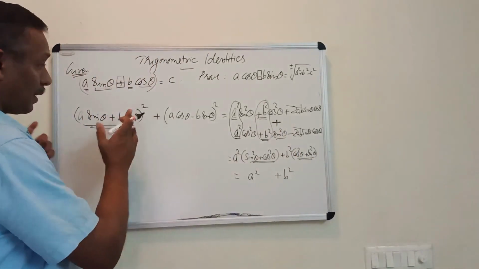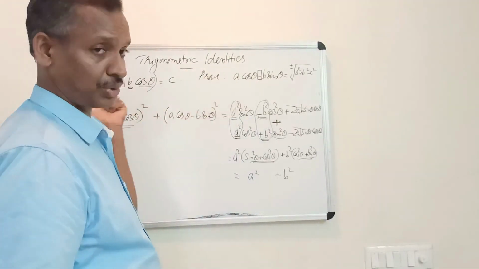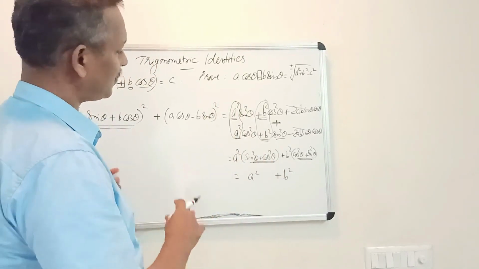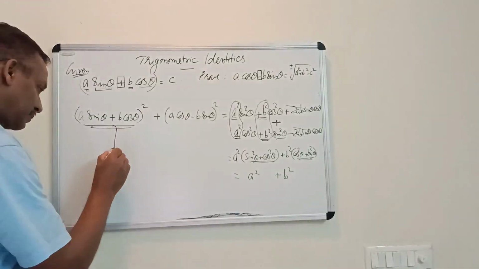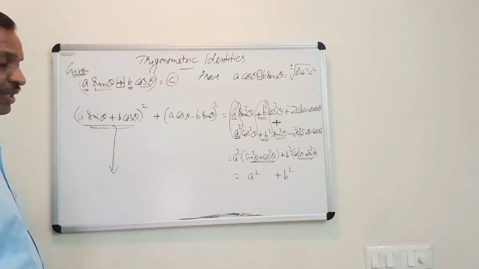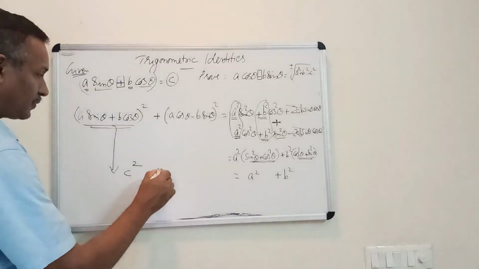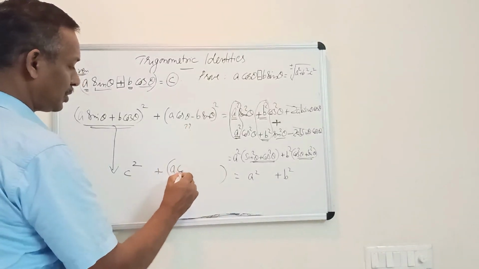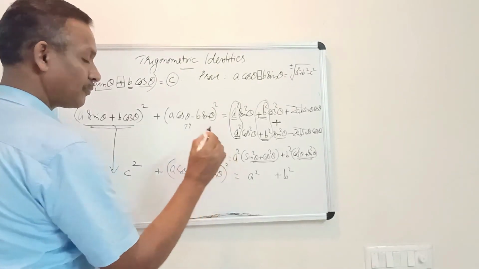So when you add the squares of the given and the to-prove LHS, you get a square plus b square. Sometimes they will ask to find only this. In this question, its first term's RHS we know, c, so we can put its value as c square, and this we have to find out, a cos theta minus b sin theta, the whole square.